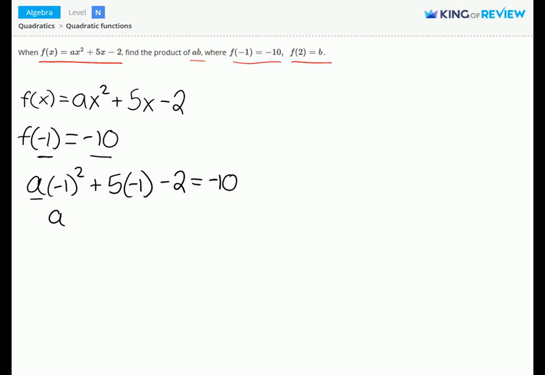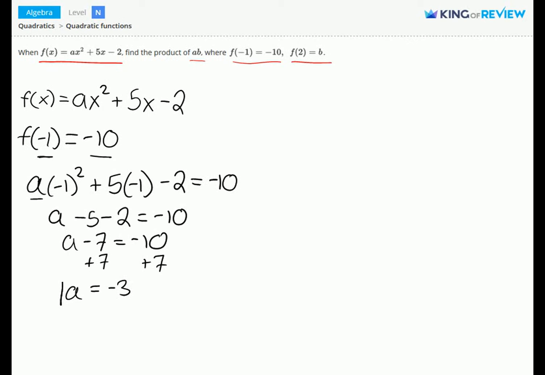So we have a minus 5 minus 2 equals -10. This gives us a minus 7 equals -10. We'll add 7 on both sides, and we get a is equal to -3. So now we know what our a value is.